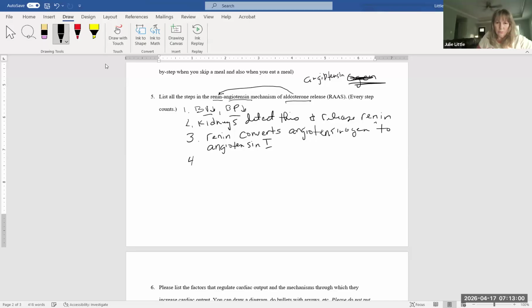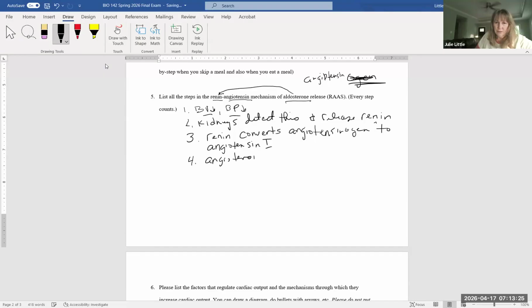And so as angiotensin 1 is going through the blood vessels of the body, there are lots of capillaries. Well, all the capillaries are lined with endothelium, right? Some endothelial cells have an enzyme attached to them called ACE. I only ever mention that these capillaries are in the lungs. We'll go with that.